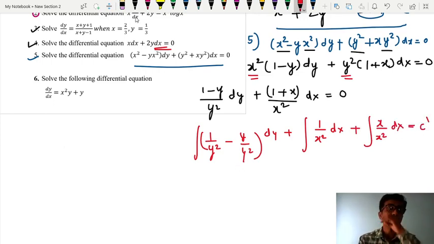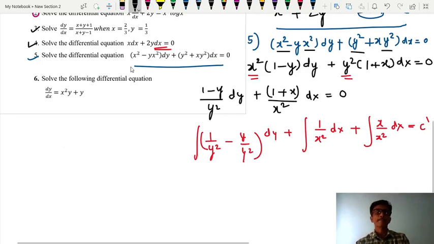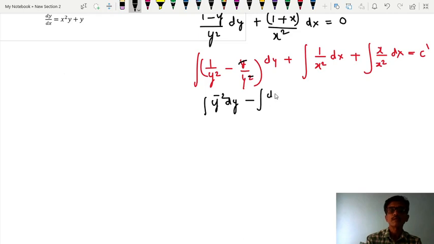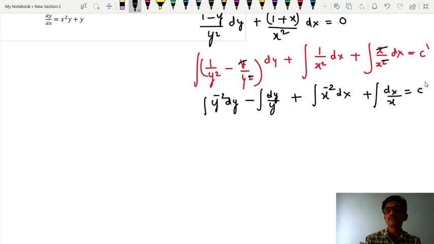Then we solve it further. So 1 upon y square we can write as integral y raised to power minus 2 dy. This y is getting cancelled here, minus integral dy upon y plus x raised to power minus 2 dx plus, again this x is getting cancelled here, dx upon x is equal to c dash.